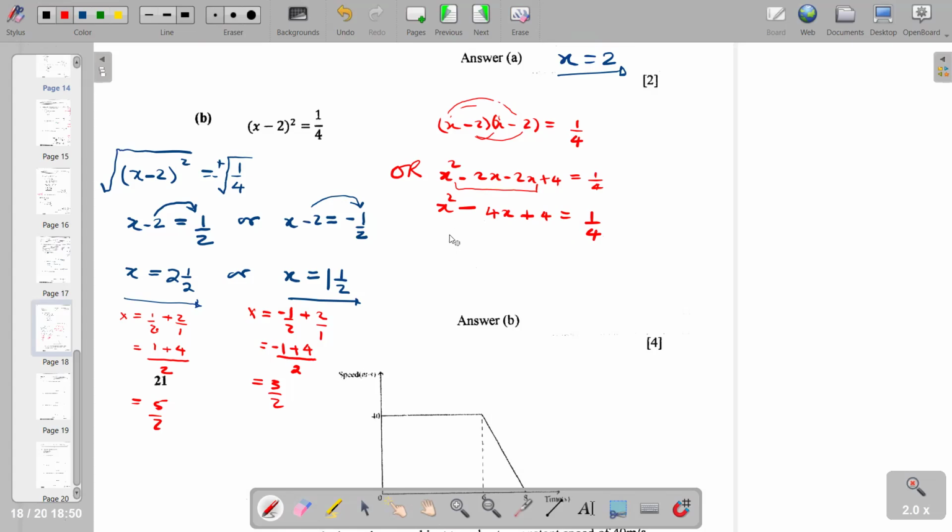It means here we are going to have 4x squared minus 16x plus 16 equal to 1. When you take this one to this side, we are having 4x squared minus 16x plus 15 is equal to 0.